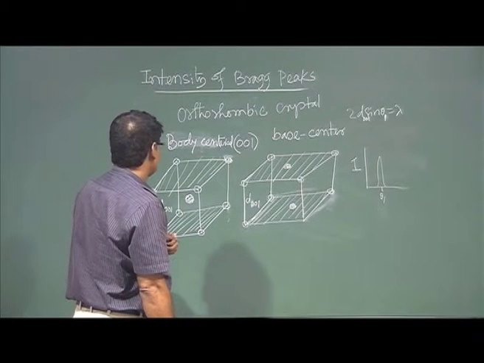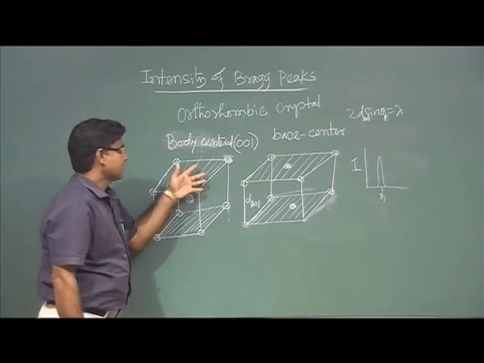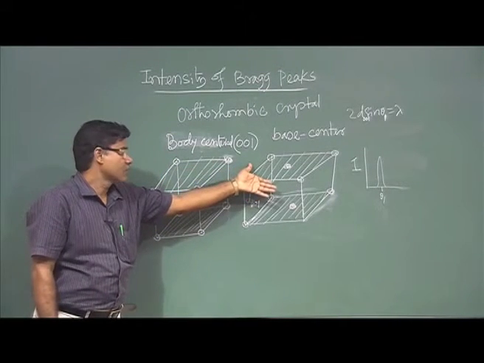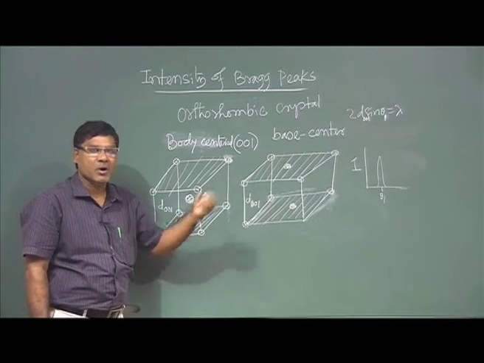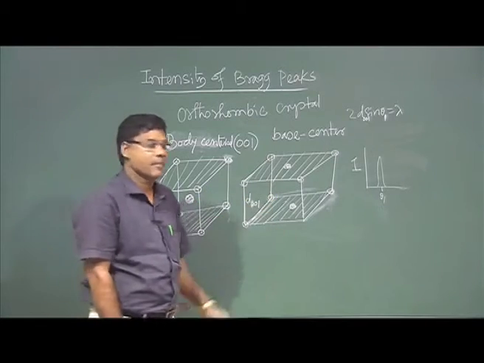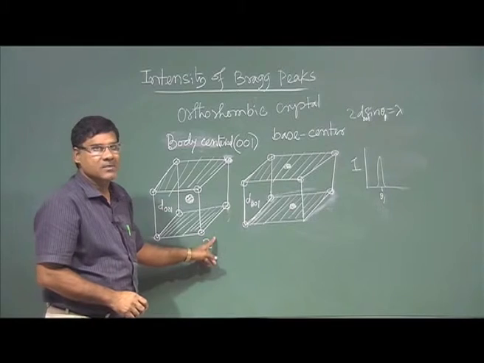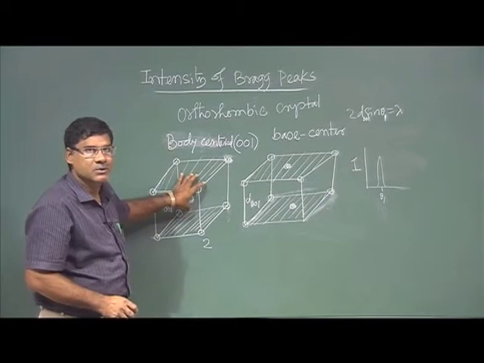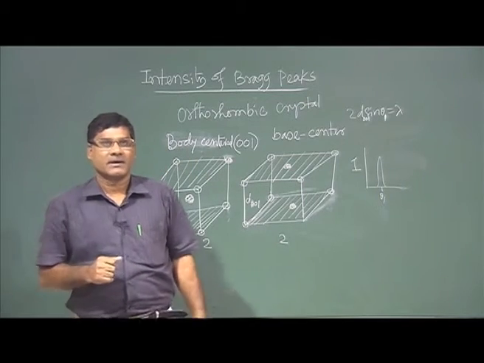What we want to mention here is that in both cases the number of lattice points per unit cell is the same, 2 per unit cell here and here also 2. Okay.